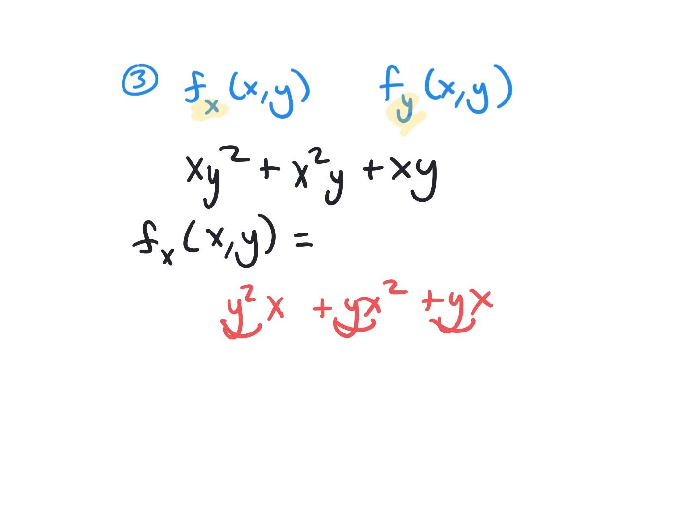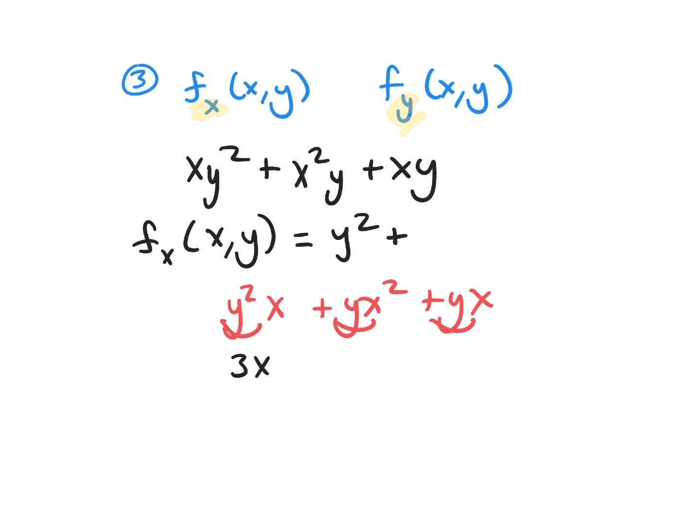So when I find the derivative with respect to x, the partial derivative of this equation, I would say, okay, it's just y squared. Again, think of if y squared was like 3x. If y squared was just 3, then the derivative of that would just be 3. So that's why it's just y squared. Okay, let's do it for the second one.